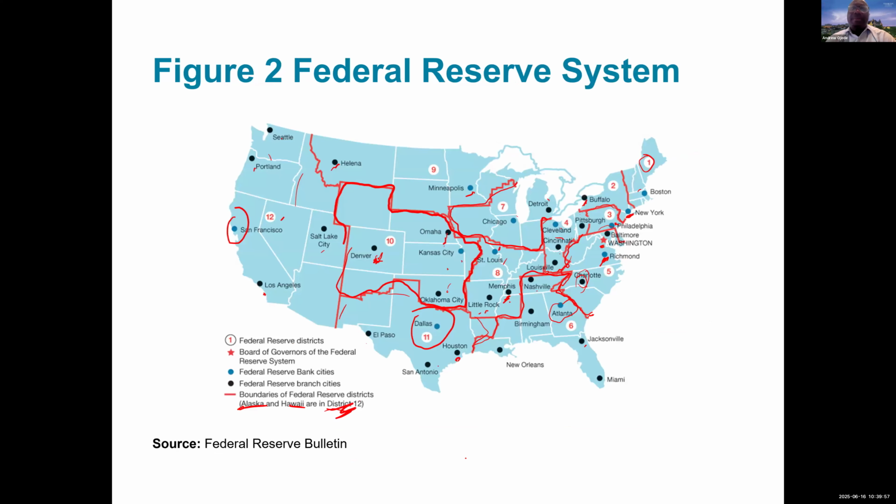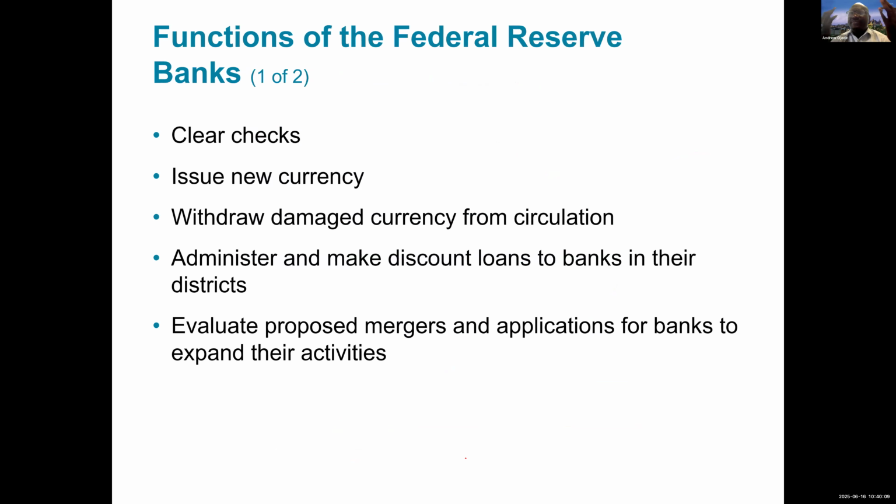Okay, so let's talk about the functions of each district branch. What does the Dallas Fed do, for example, which is the 11th district branch? Or what does the San Francisco Federal Reserve do in actual practice? So let's talk about the functions of these district branches of the Fed. One of the things, I remember I told you in chapter 9 when I was talking about management of financial institutions, is that every check written in the United States goes through the check clearing process.